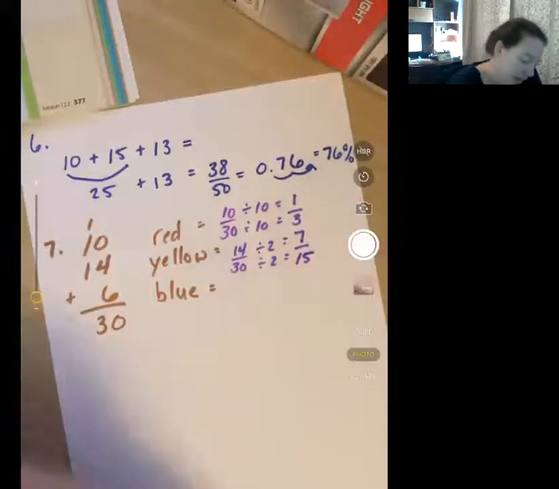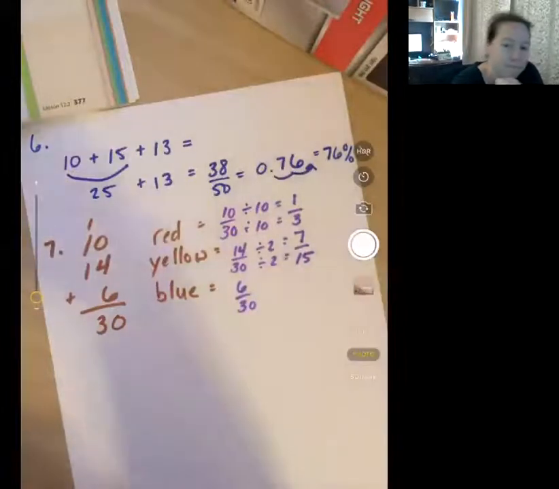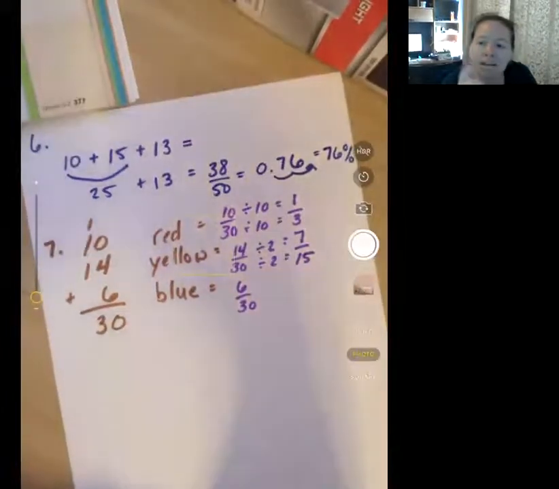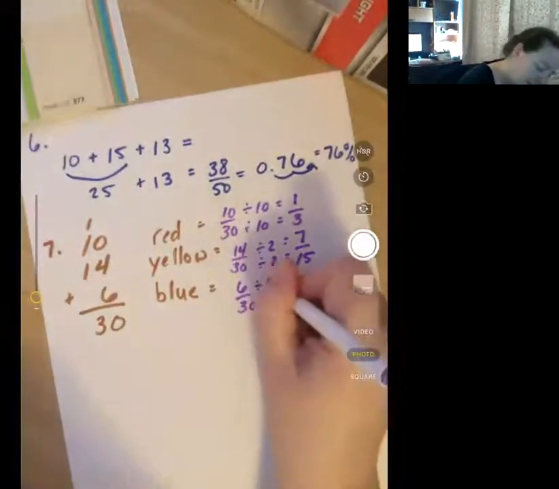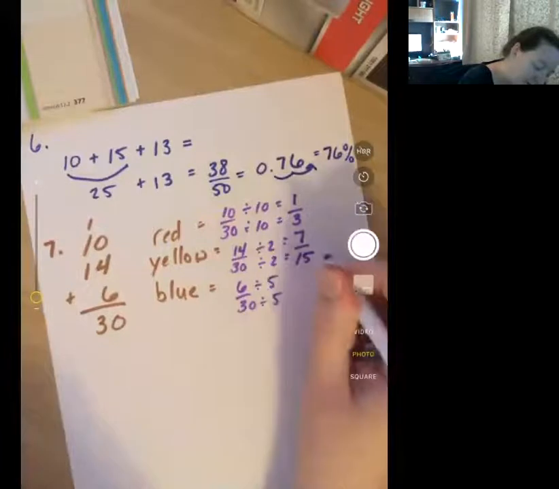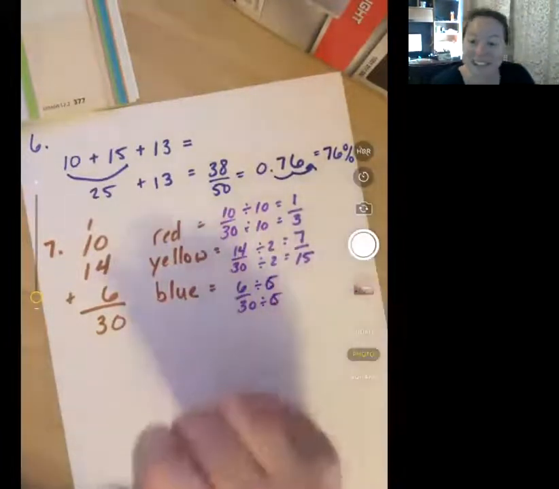Blue ends up being 6 over 30. Wait a minute. Doesn't 6 go into 30? Yeah, it does. How many times? 5. So let's divide by 5. Sorry, it goes in 6 times, sorry. So we're going to divide by 6.